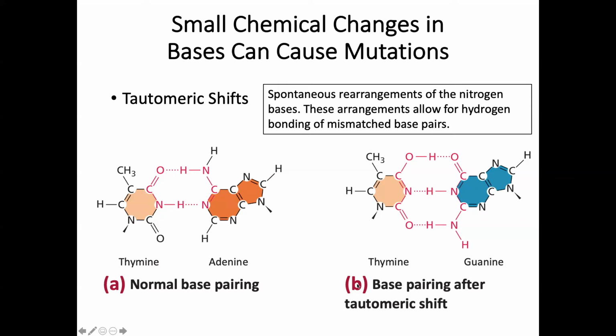But then figure B shows a tautomeric shift, produced by a normal and reversible change in T, which allows hydrogen bonding with a non-complementary base and results in T pairing with G, okay? In the next round of replication, the original AT base pair will be replaced by a GC base pair in 1 copy of DNA.